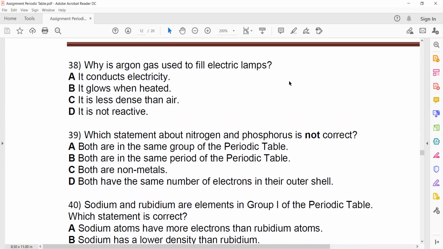Why is argon gas used to fill electric lamps? So D is the right answer because it is unreactive, does not react.